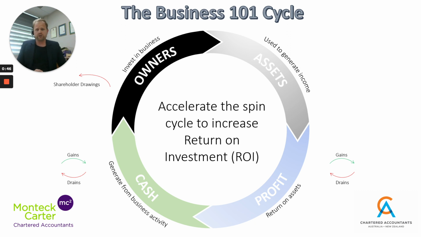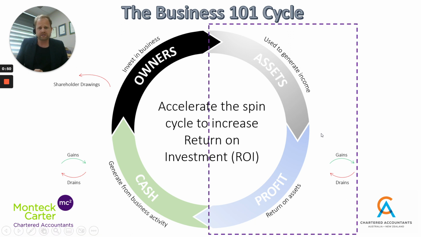But today I wanted to focus on the asset and profit side. This is one of the key concepts behind the Business 101 cycle, and the idea being that we want to utilize our assets as efficiently as possible to generate the most amount of profit.